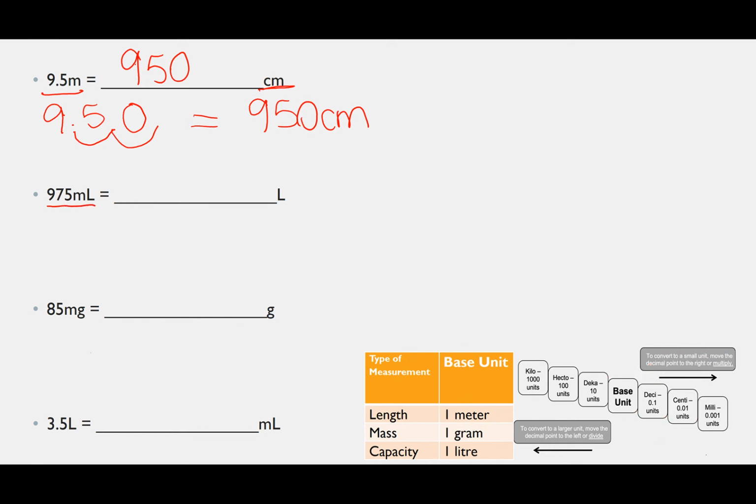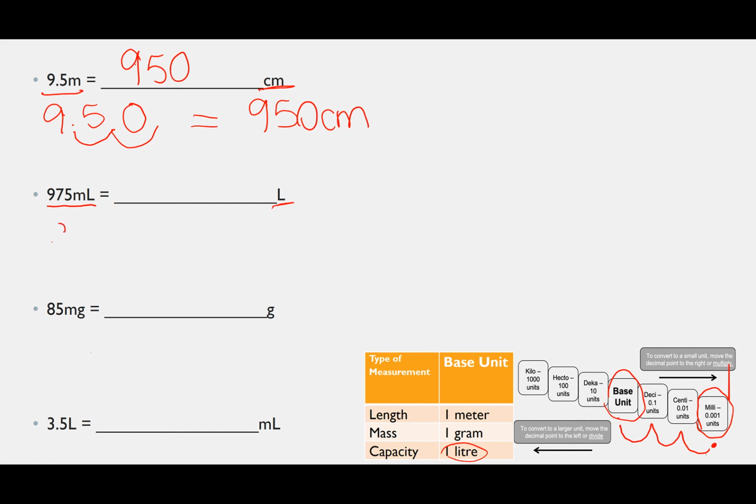Now we have 975 mLs and converting it to liters. So milliliters, we're going to start at the bottom of our ladder, and we're going to move up to our base unit because liters is a base unit. So if our decimal is at milliliters, we're going to move the decimal over 1, 2, 3 times in order to get our answer.